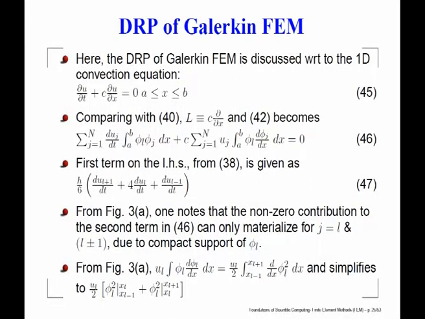Okay. Now, I mentioned that we do get better dispersion relation preservation property of this Galerkin FEM. So, let us get back to our 1D convection equation, and then we go through this expansion of u like this, as we have indicated here, and substitute it in the governing equation, and then integrate over the whole domain from a to b.